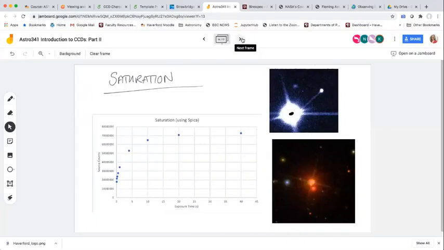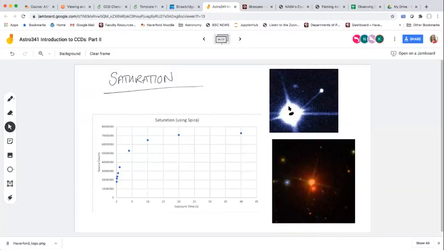I also mentioned saturation. So here are a couple of pictures of saturation from professional observatories. They're not immune to it, particularly because there are really bright stars on the sky, so if you're taking faint imaging, this happens. Basically, when things get saturated, the pixel count doesn't keep going up with the count of photons, and you get weird features in the center and overspill.